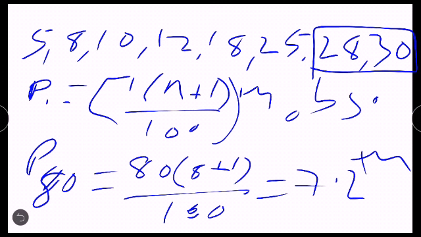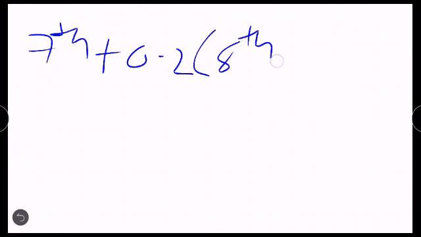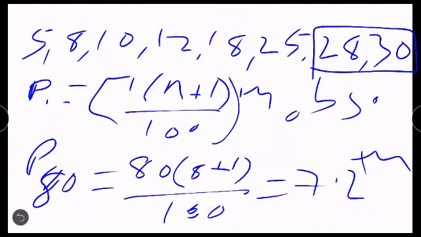So for 28 and 30, to find the value we write the formula, that is the 7th observation plus 0.2 into bracket 8th observation minus 7th observation. So the 7th observation is 28 and the 8th observation is 30.